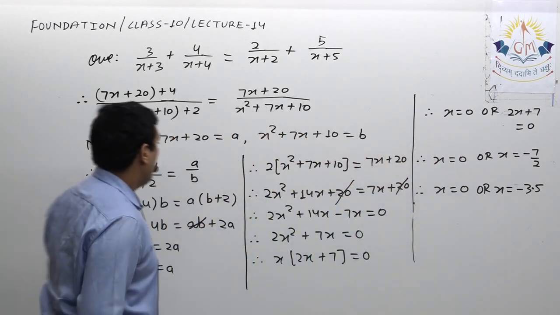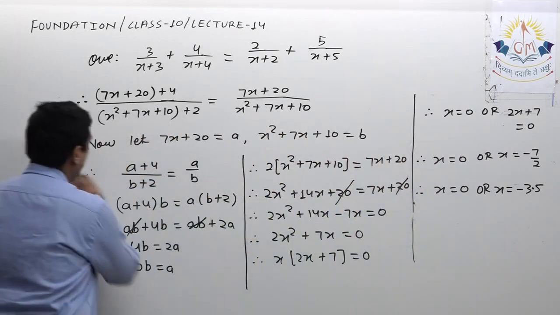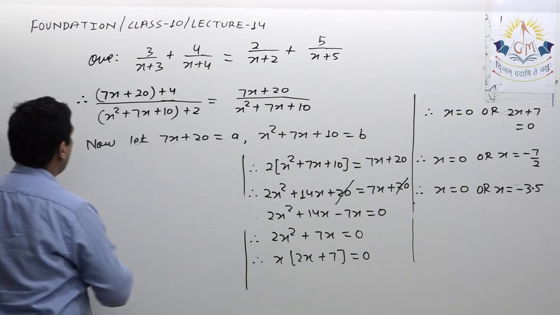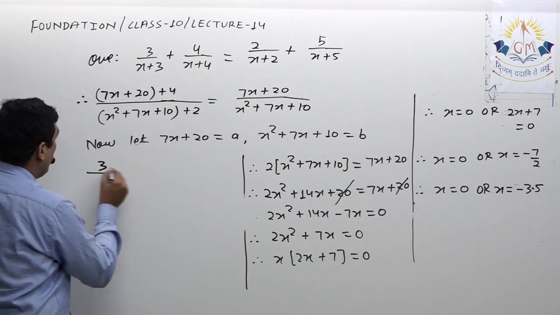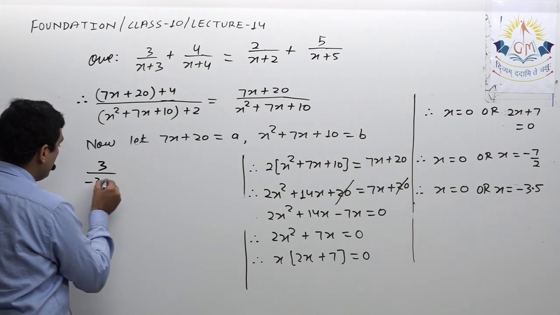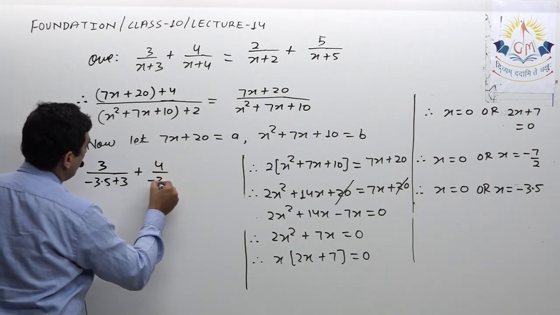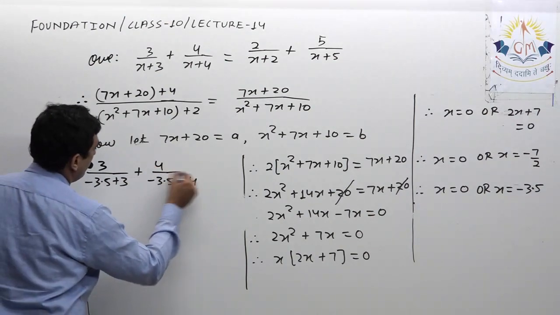Okay, now if I put x equal to minus 3.5, for that I have to do a little bit of calculation. So 3 upon (minus 3.5 plus 3) plus 4 upon (minus 3.5 plus 4).